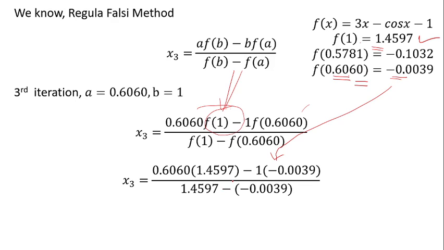If you use a calculator we will get the answer. So x3 is equal to 0.6070.